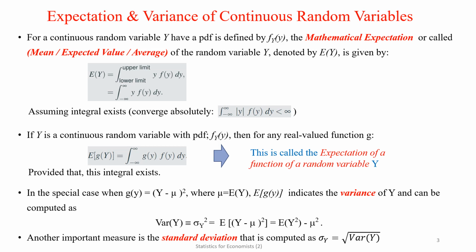If you remember, for the case of discrete random variables, it was the same. The expected value of Y was the sum over all possible values of this variable, from the lower limit to the upper limit, and inside the summation we put y itself times the probability of y.